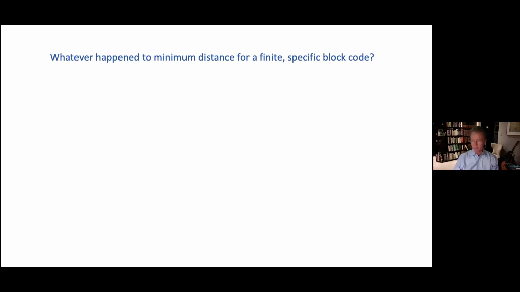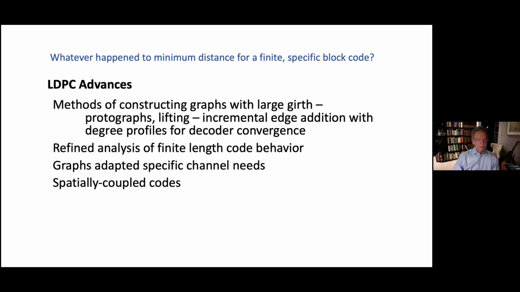And I think the answer is, and you can correct me, that for the most part, you make sure by simulating. There have been lots of advances in low density parity check code construction since it got going: different ways of constructing graphs with large girth, protographs and lifting. I did lifting of graphs in the late 1990s myself.